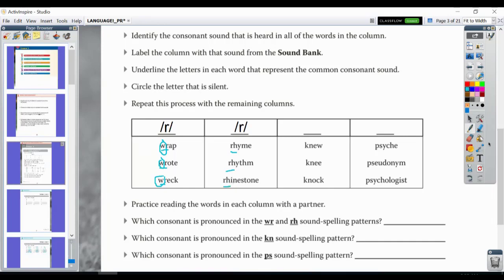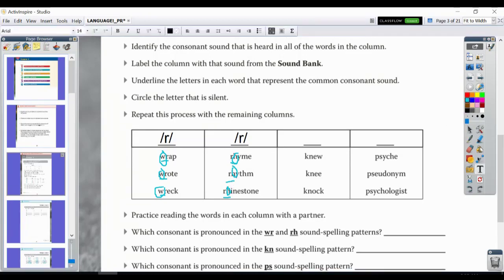Underline the RH in all three of those. Now, what sound don't you hear? Do we say h-rhyme? That would sound ridiculous, right? So the H is silent, and we're going to circle the H.